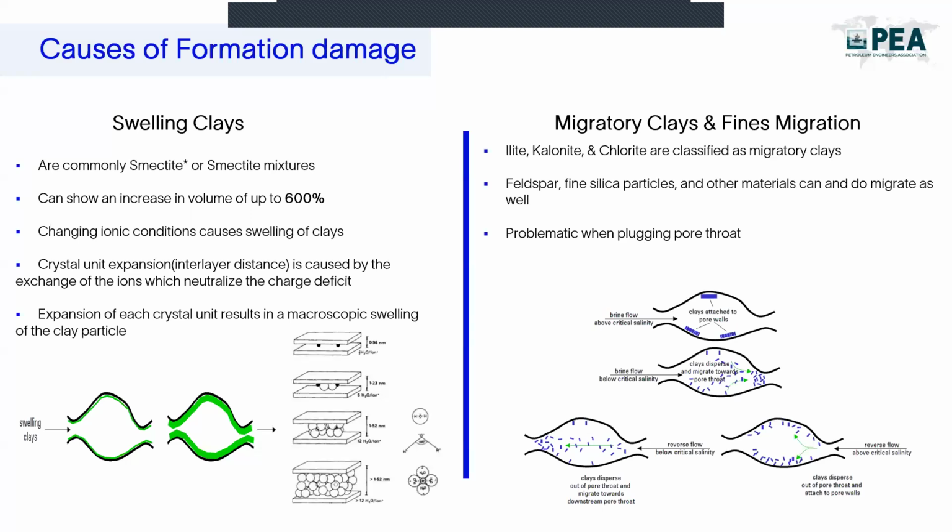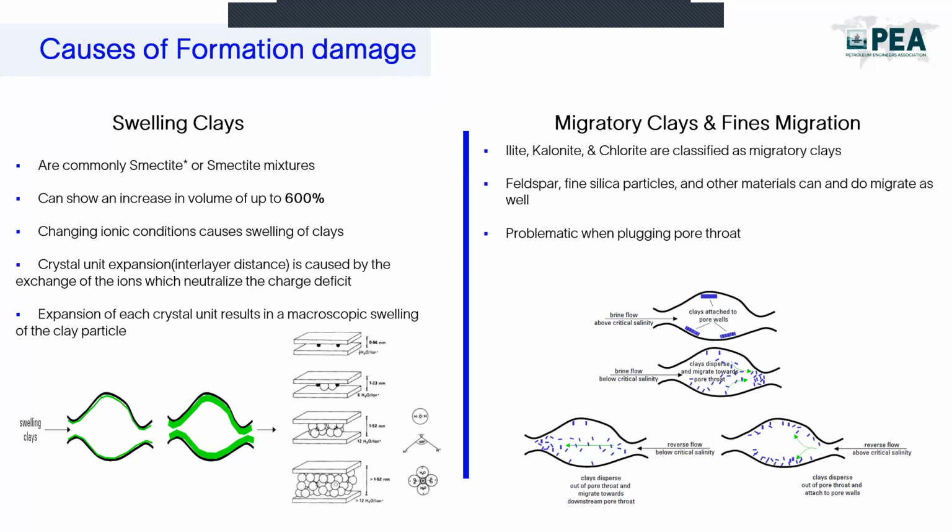The decrease in formation permeability due to this swelling effect depends on several parameters, like clay type, amount, and location with respect to the flowing fluids. This is the bad effect of swelling clay. The most common swelling clay mineral is smectite or smectite mixtures.